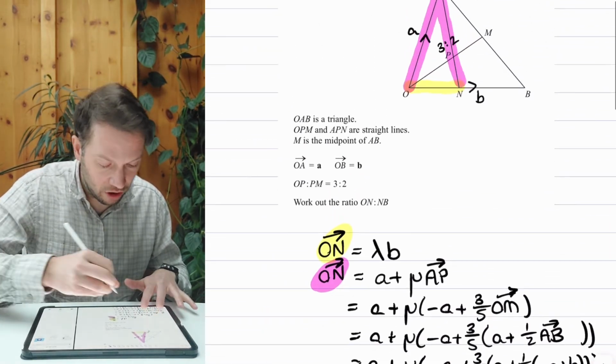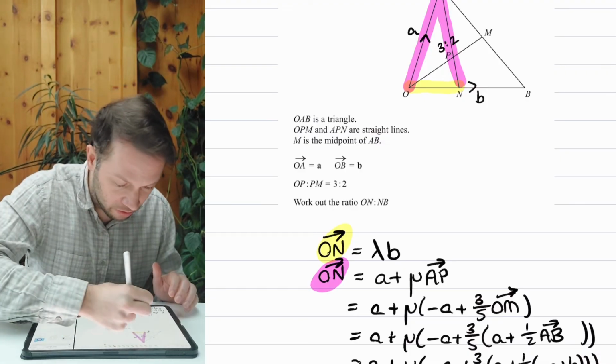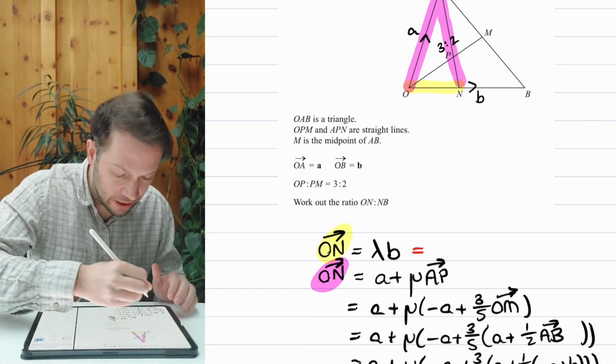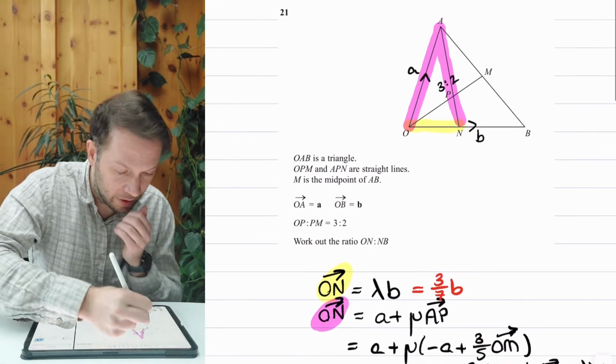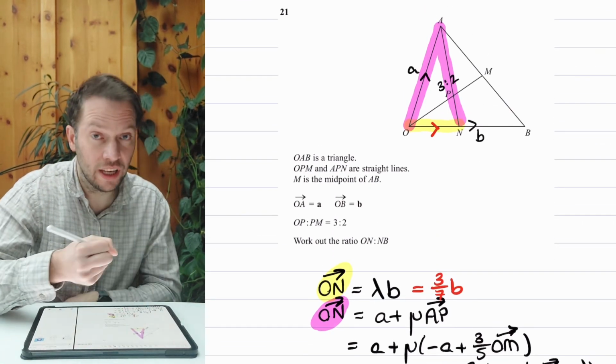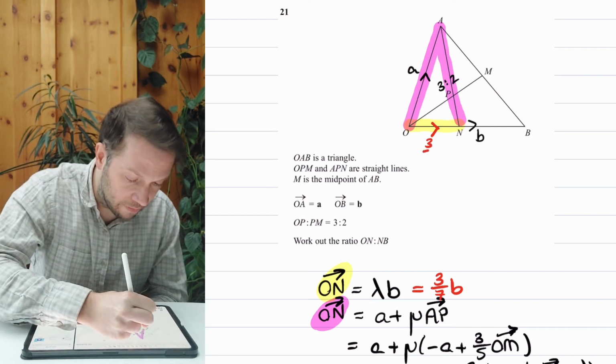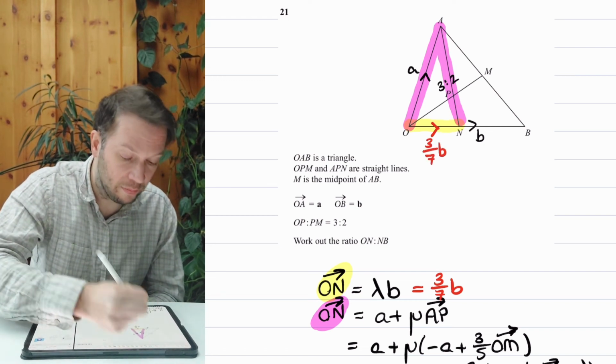So if we go back to the top, then we can say, well, this lambda b is equal to 3/7 b. So if we put that on the diagram, this vector here, just O to N, is 3/7 of b.